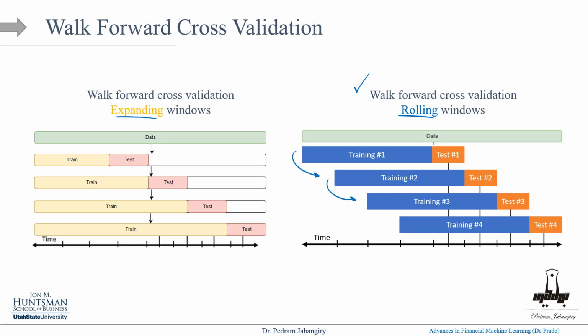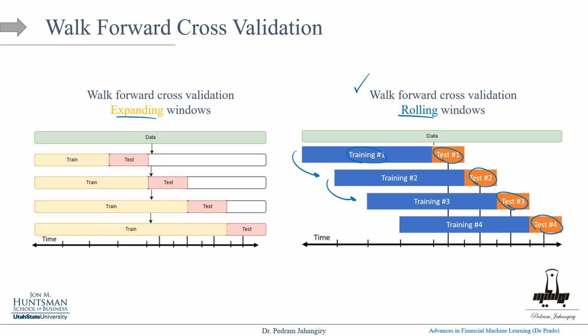Each window represents a train set and the following window represents the corresponding test set, right? So we have our train set and the following one is going to be our test set. The size of the test set is fixed. The size of the rolling window can be fixed or it can be different, right? So these sizes can change.